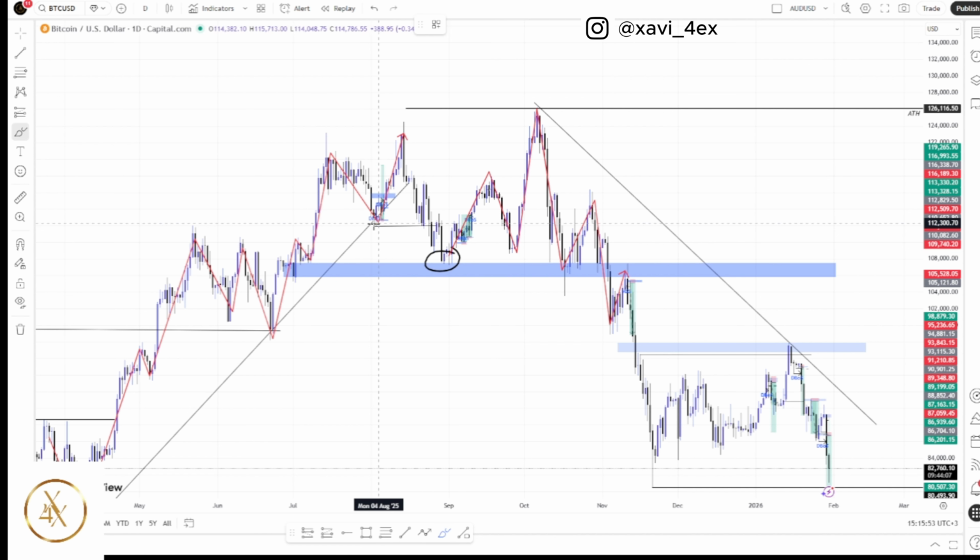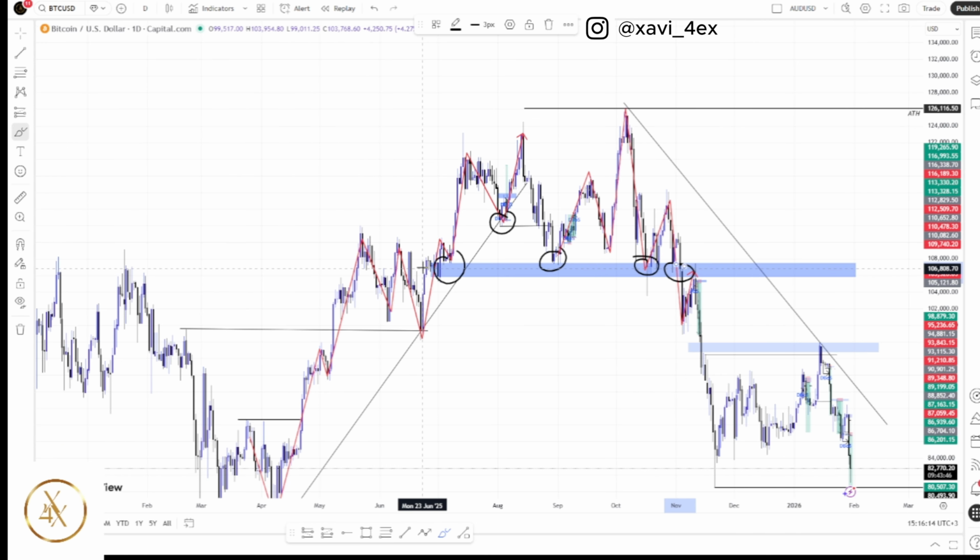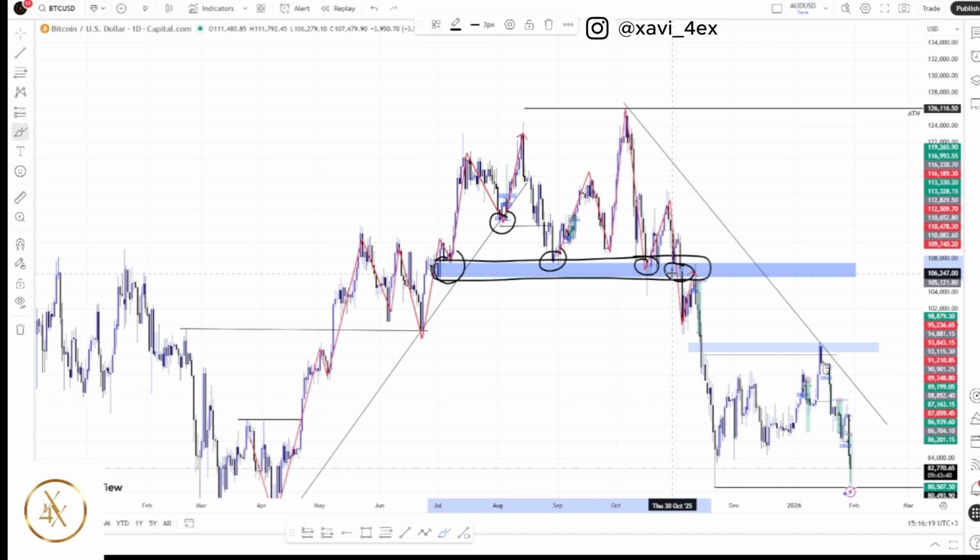It had started, but this level was respected. But after those two levels, because we had a third touch here that was respected, this break here confirmed that we were now bearish. So this whole neckline was taken out, and we just had a retest to start selling.